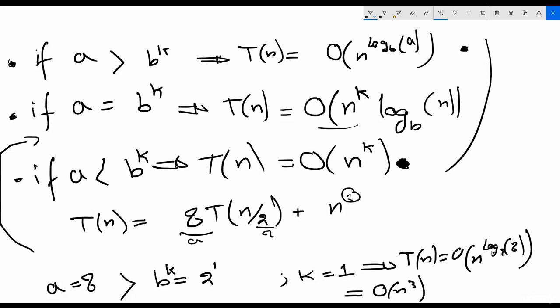If a is bigger than b to the power of k, then the complexity of the algorithm is order n to the log b of a. If a equals b to the power of k, then the complexity is order n to the k times log b of n. If a is less than b to the k, then the complexity of the algorithm is order n to the power of k.